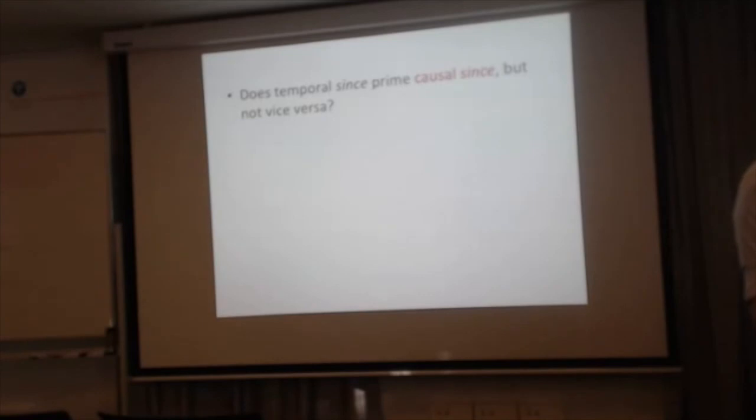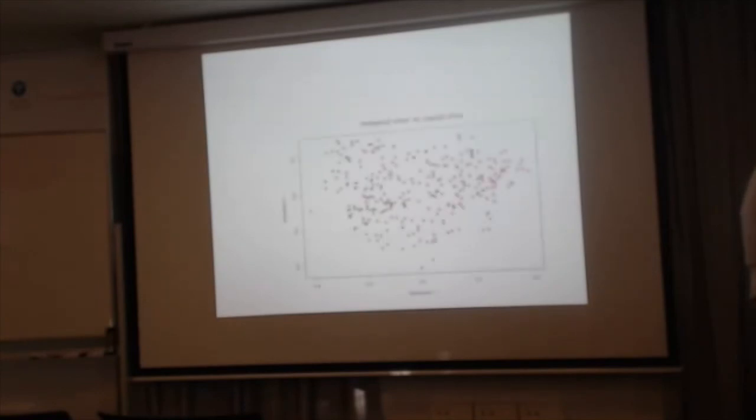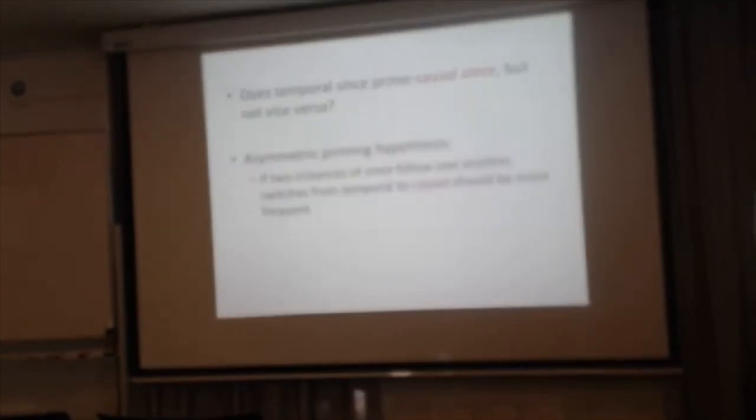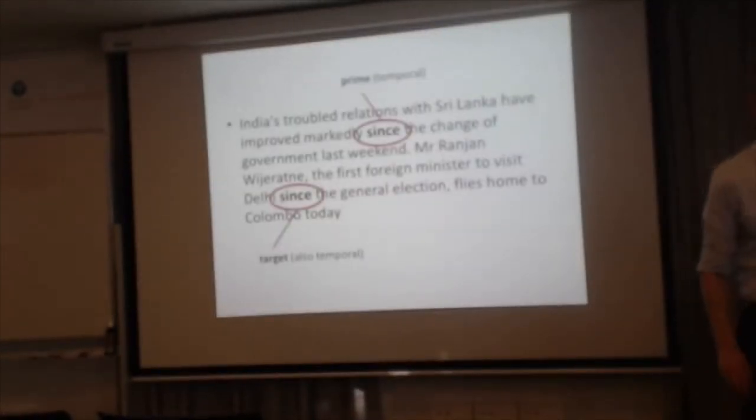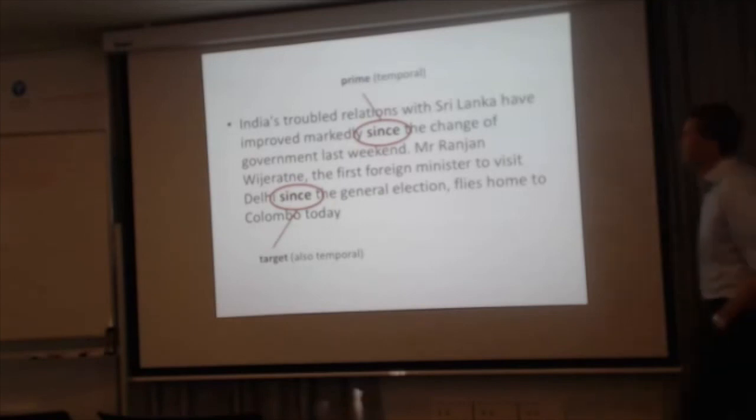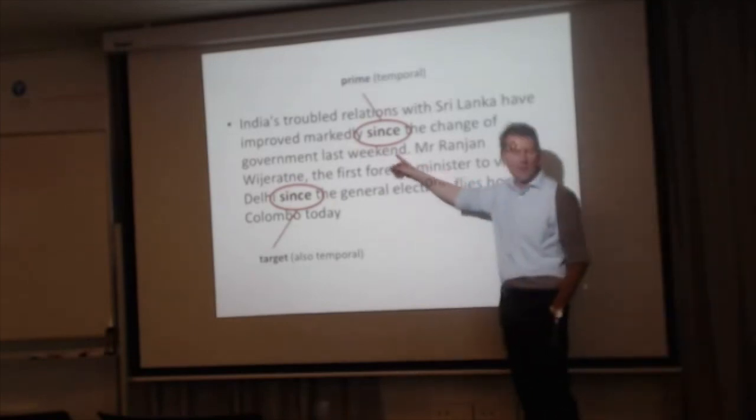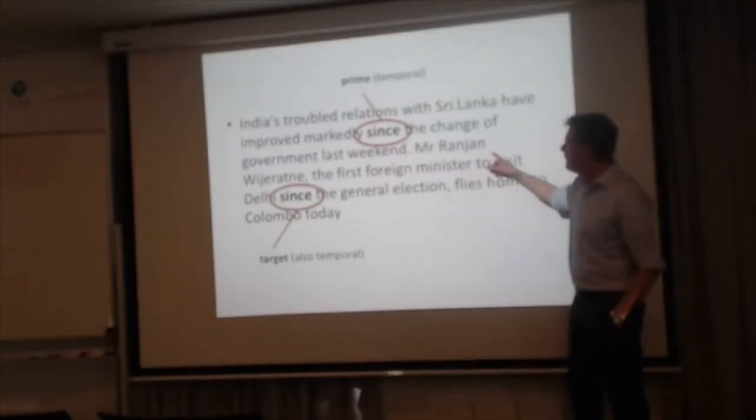Now, the examples that you've seen here and that we've been using actually come in pairs. Pairs like this one here. India's troubled relations with Sri Lanka have improved markedly since the change of government last weekend. That's the example that you've seen.